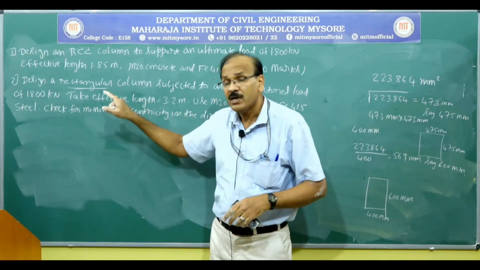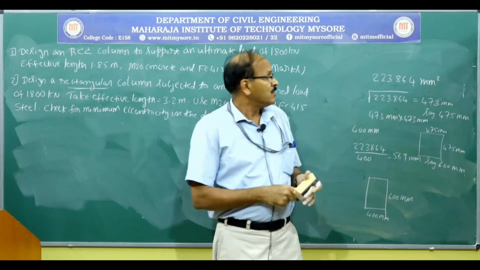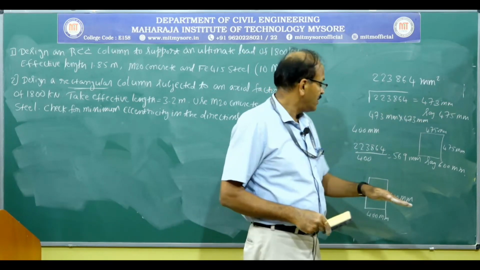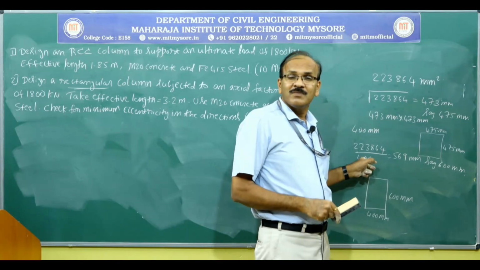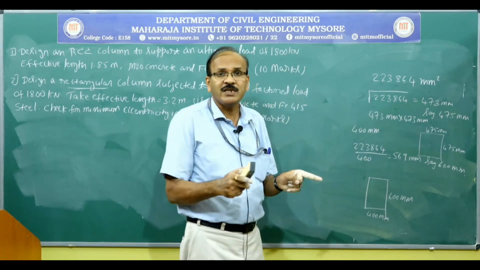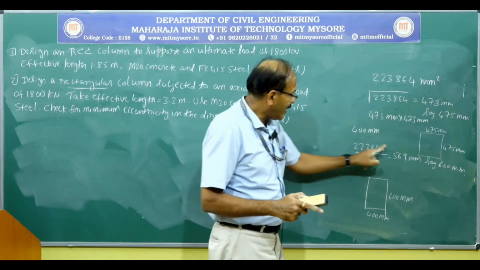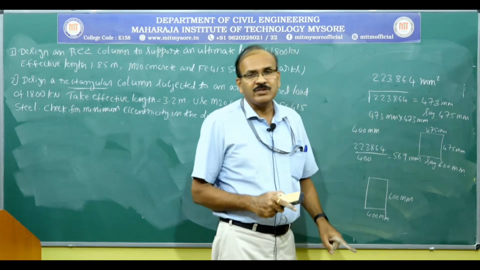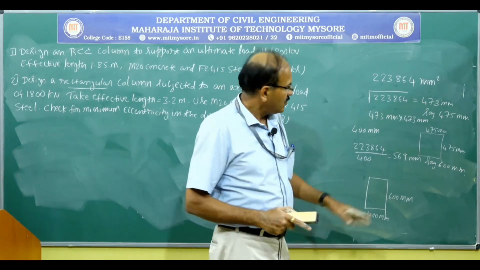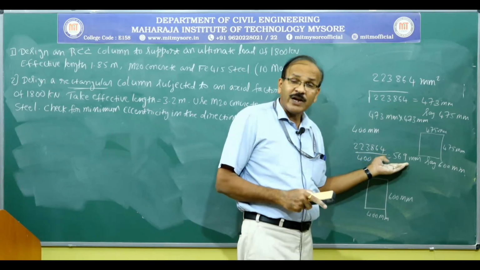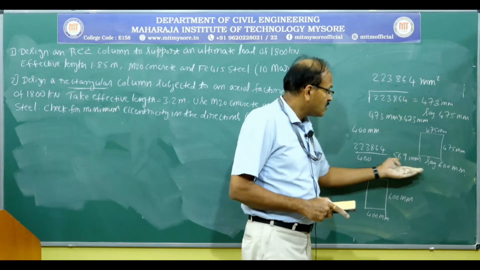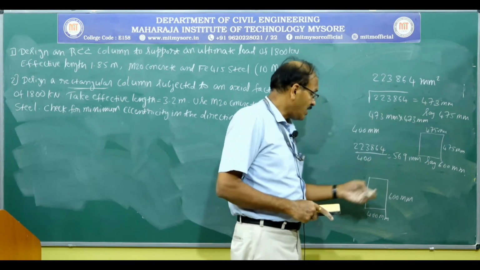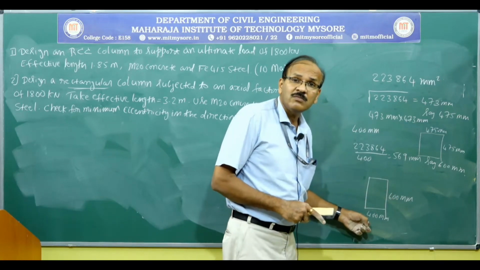Because the problem says it should be a rectangular column, reduce 473 below that value, say 400. So one dimension is fixed in a rectangular column. So total area divided by 400, we are going to get the other dimension of the rectangular column. Of course we are not going to provide this fractional value for a column, so we are going to go for a higher value, which is 600 millimeter. Now we know the dimensions of the column.